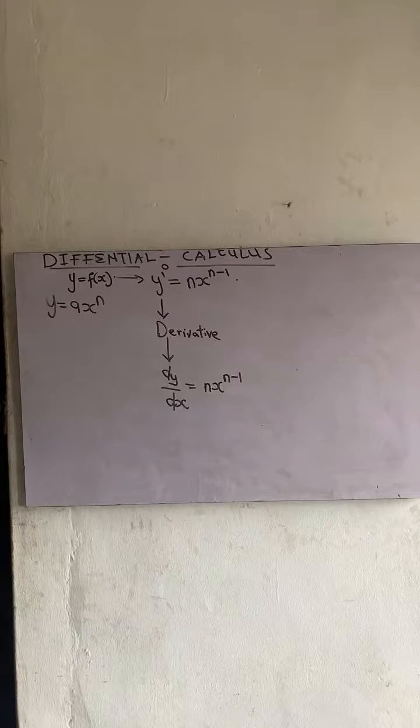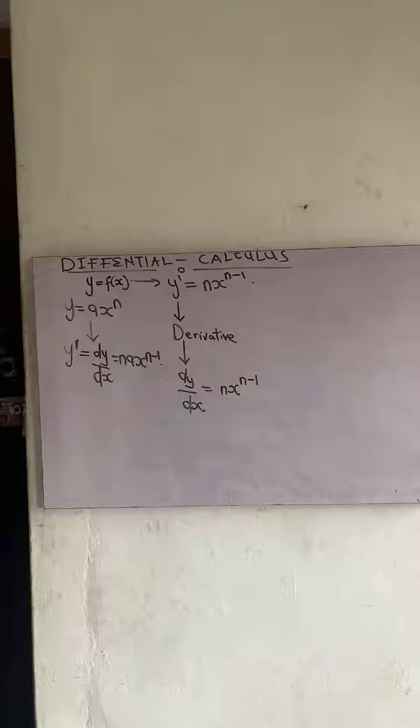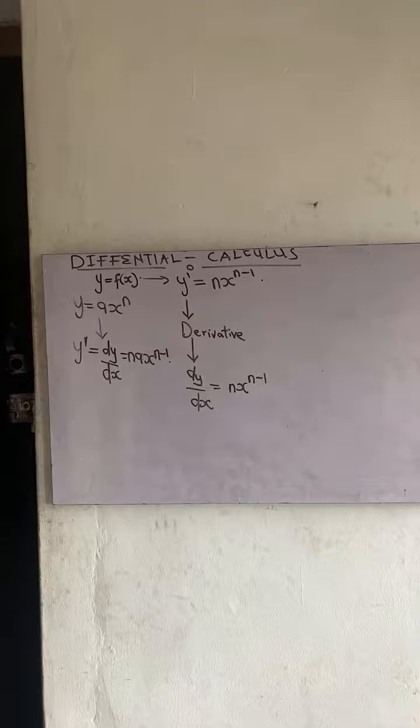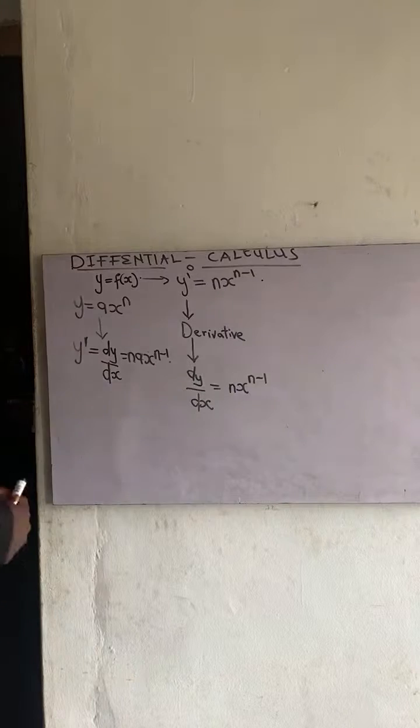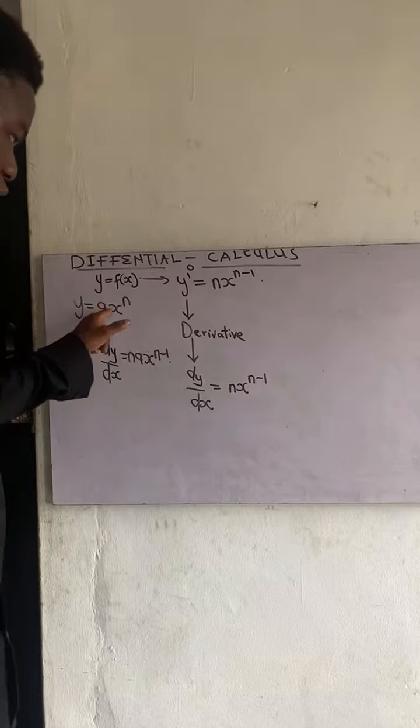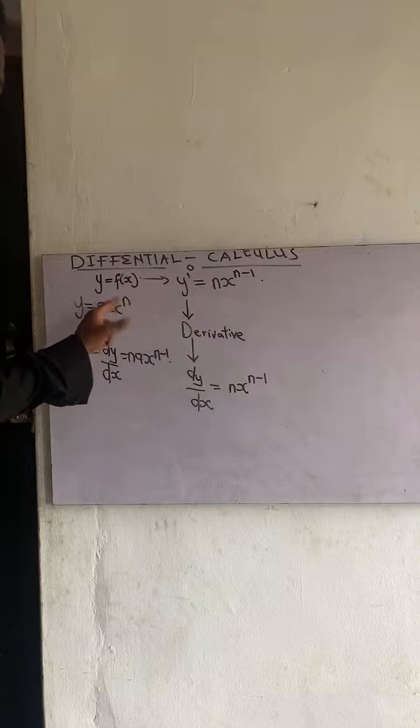The a represents the coefficient of x, and the n represents the power of x.